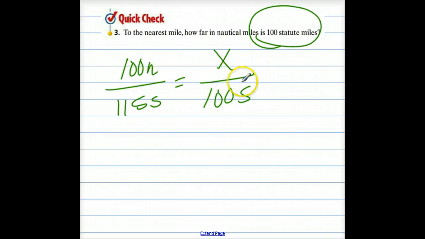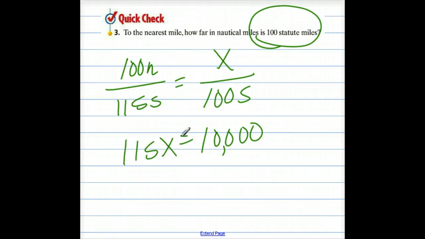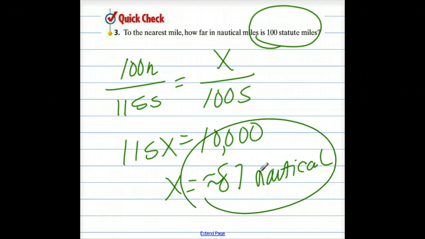This time, looking at cross products, 100 times 100 is 10,000, and 115 times x is 115x. Divide 10,000 by 115. My answer is 87 rounded, so about 87 nautical miles.